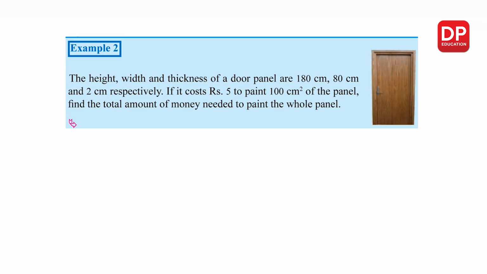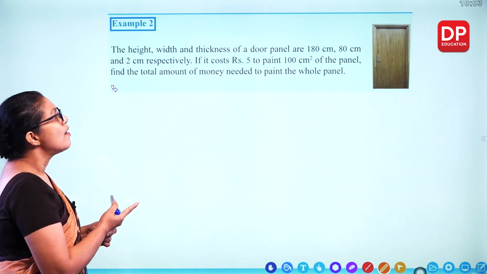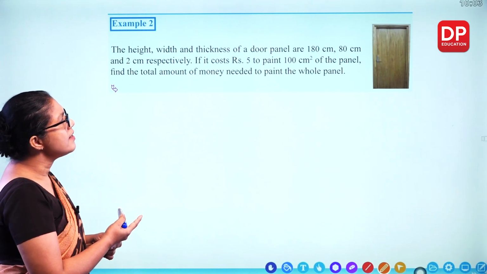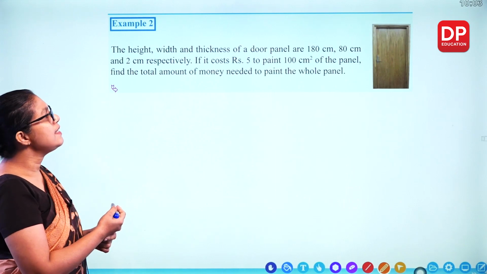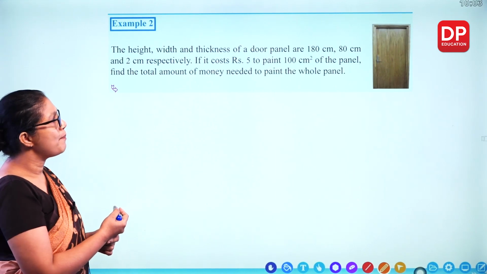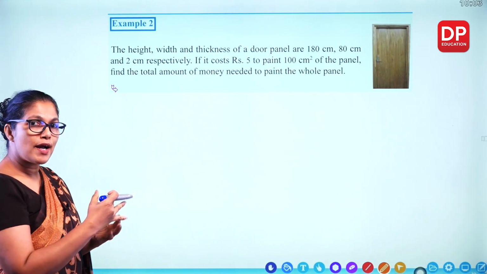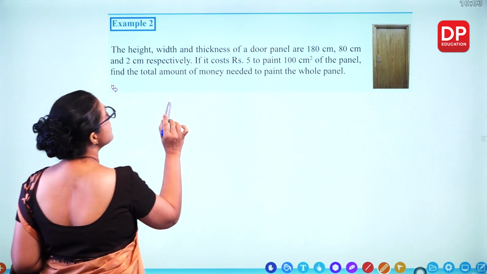Example number 2. The height, width and thickness of a door panel are 180, 80 and 2 centimeters respectively. If it costs 5 rupees to paint 100 square centimeters of the panel, find the total amount of money needed to paint the whole panel. So that means we have to find out the surface area. So what's the method?